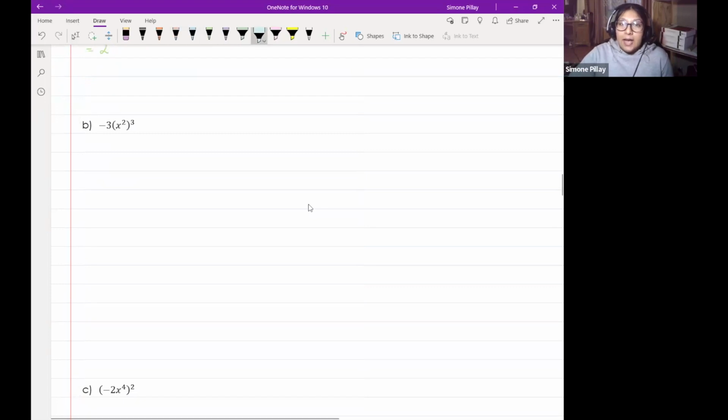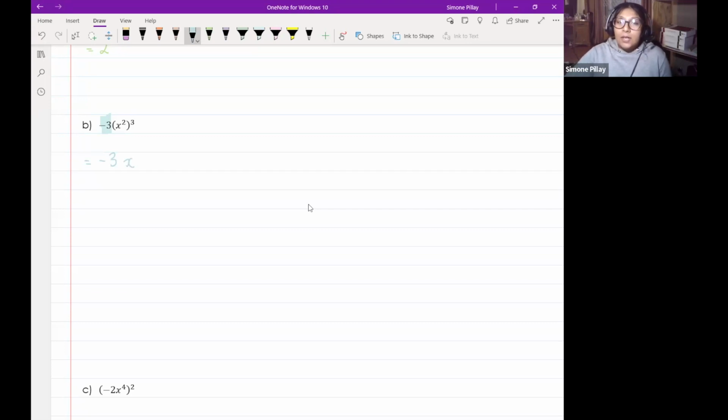Let's keep in mind I have a -3, but it's outside my brackets. So all I know that I'm going to do is bring down my -3 and then apply law 3 to whatever is inside my bracket. And what is inside my bracket?